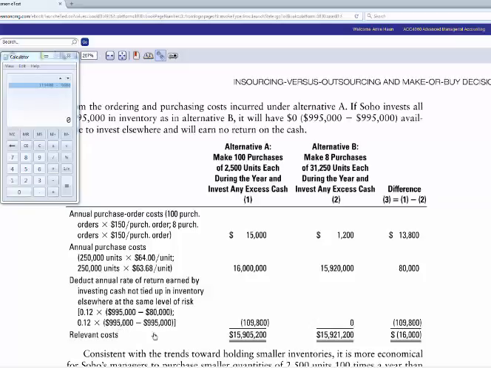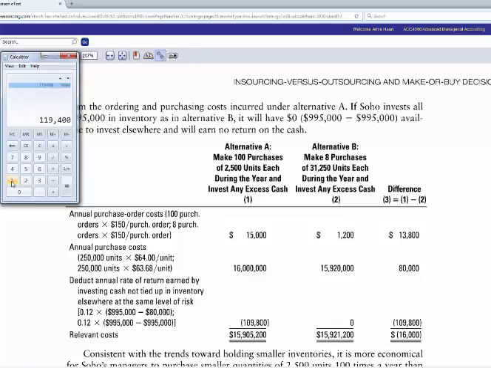And we know that we could actually do this one other way, and I'm just going to show you that. If you took the 995,000 and multiplied it times the 12%, then we would be giving up the opportunity to generate $119,400 by using that cash elsewhere.